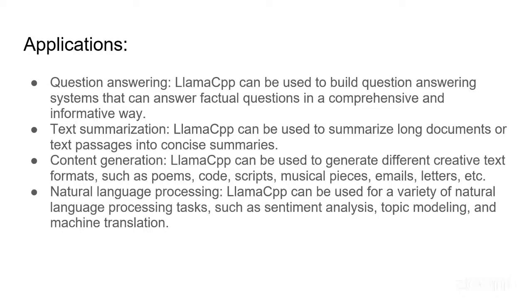Llama CPP can be used to summarize long documents or text passages into concise summaries. Then there is content generation. Llama CPP can be used to generate different creative text formats such as poems, code, scripts, musical pieces, emails, letters, etc.